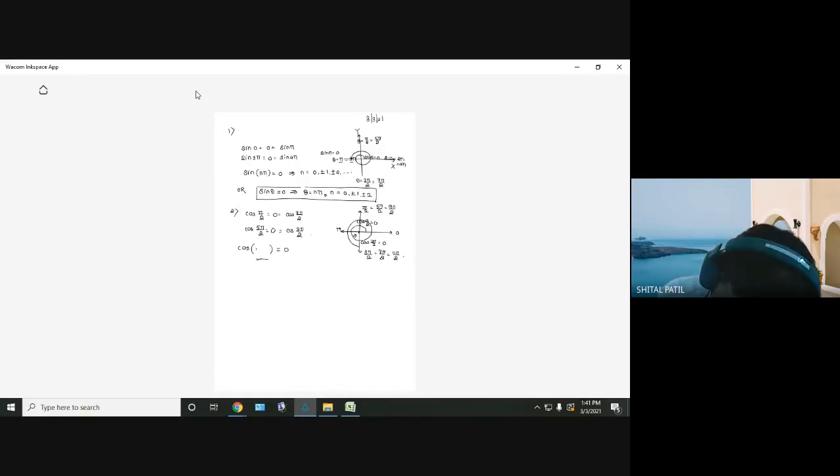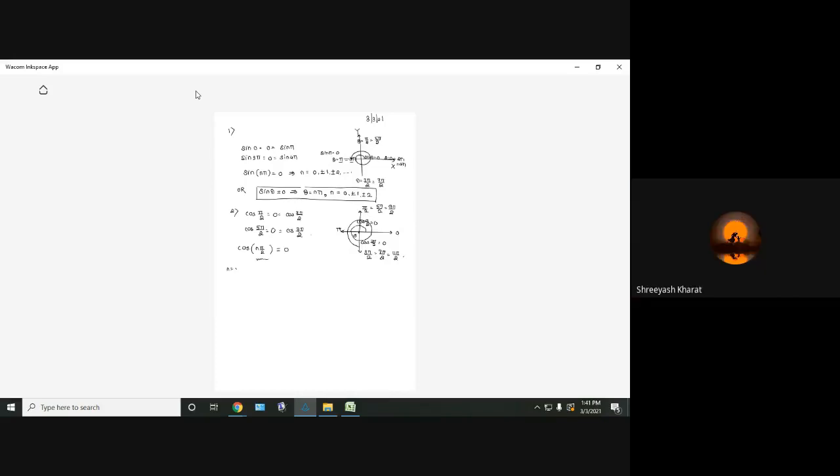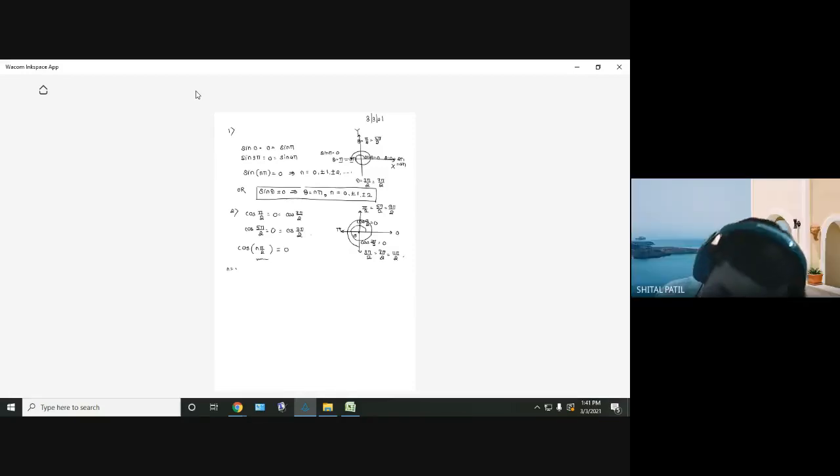If I write n pi by 2, then n equal to 1 gives pi by 2, n equal to 2 gives pi, and cos pi is not 0. We want to generate odd multiples of pi by 2. Pi by 2 here multiplied by 1, here multiplied by 3, or consider the coefficient: the coefficient is 5 here, 7 here. So we want to generate odd numbers. So this is wrong.